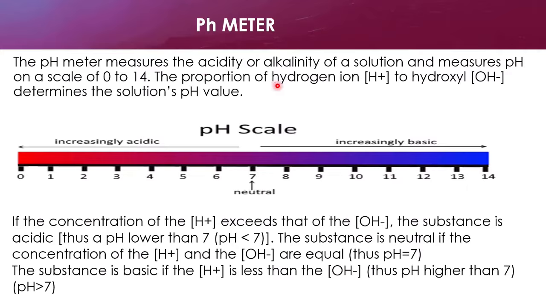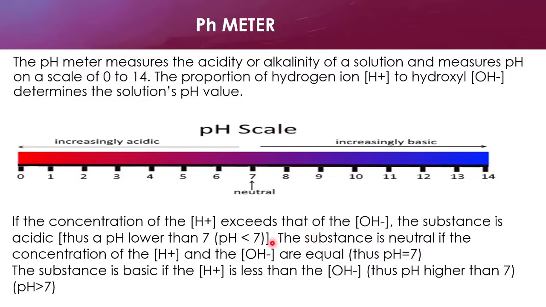The proportion of hydrogen ion to hydroxyl ion determines the solution's pH value. So if the concentration of the hydrogen ion exceeds that of the hydroxyl ion, the substance is acidic. That's a pH lower than 7.